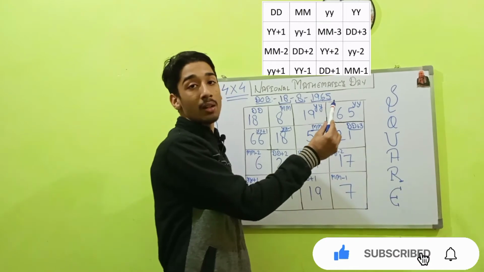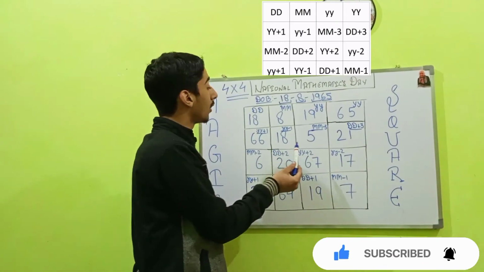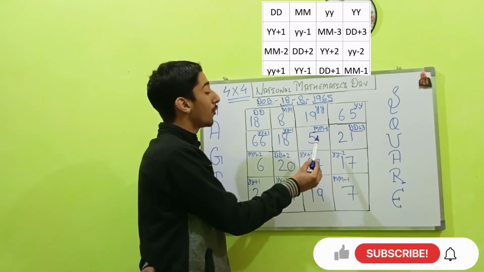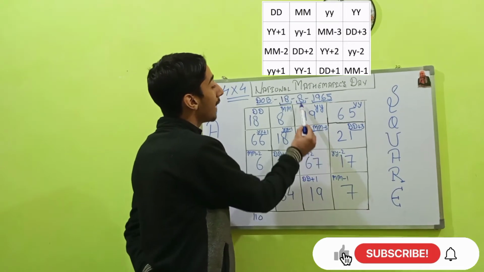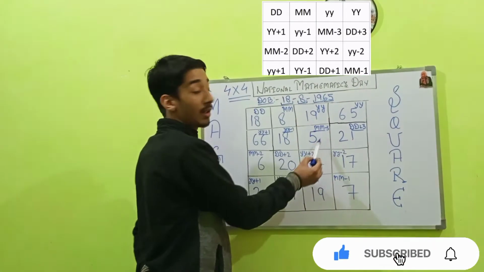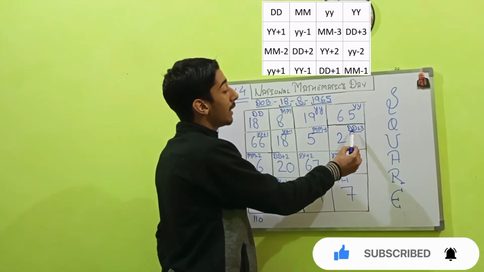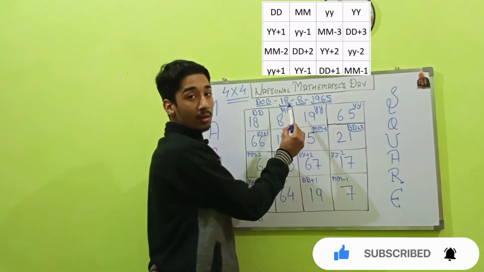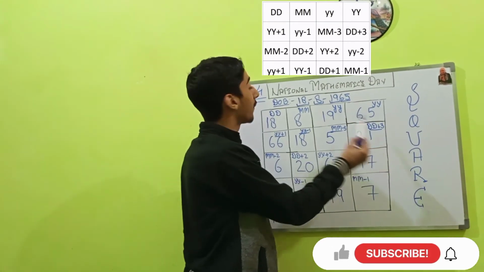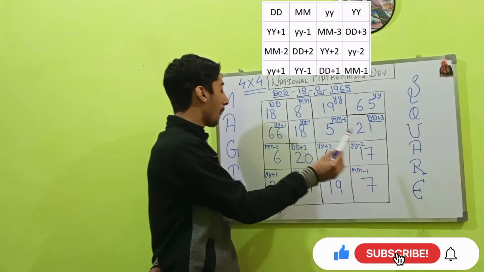So 19 minus 1 gives 18. Next is your month: you have to subtract 3 from the month. Here it is 8, and 8 minus 3 is 5. Next is the date, DD plus 3. Here it is 18, so 18 plus 3 is 21.